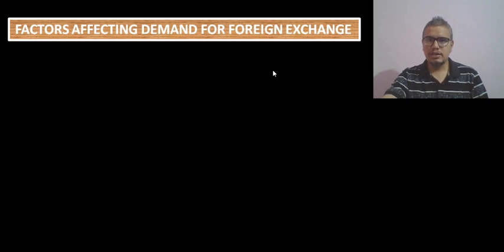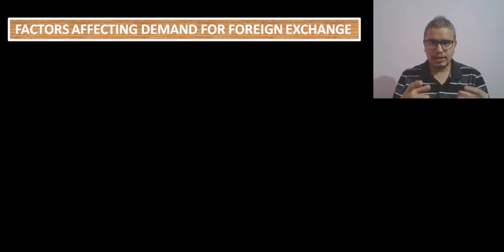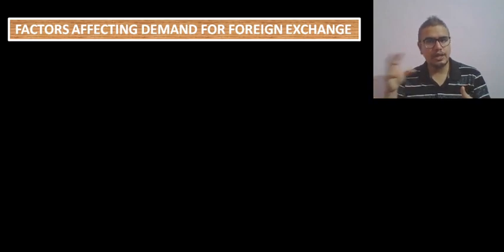What are the factors that will determine the demand for foreign exchange? What are the factors that will lead to the need for foreign exchange in India? Now, before discussing this, we need to assume one thing. It is that whenever an Indian citizen wants to purchase foreign goods, he or she will have to make payment in terms of foreign currency.